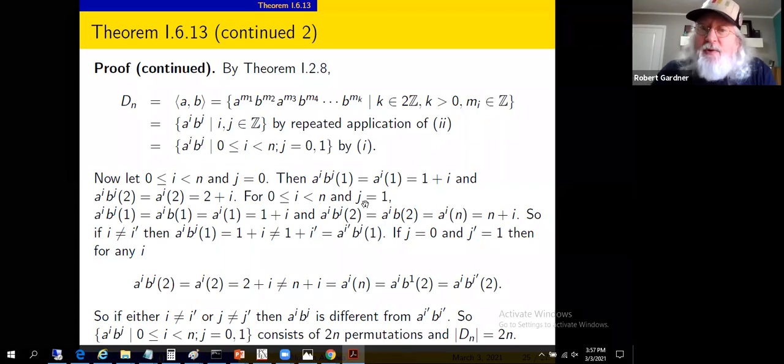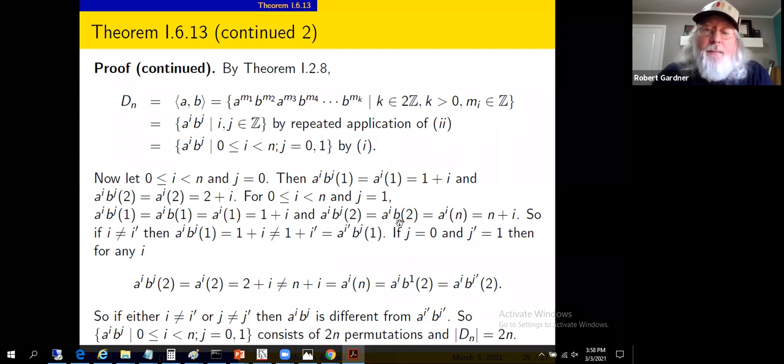They'll do something different. For i in the appropriate range and j equals 1, now we're dealing with permutation B, a little more hands-on. A to the i, B to the j, what does that do to 1? Well, remember, B to the 1 power fixed 1. It was the folding around the vertex labeled 1 in the regular n-gon, and 1 was fixed by B. So that gives us A to the i of 1, which gives us 1 plus i. Now A to the i, B to the j of 2. Okay, this one's a little more complicated.